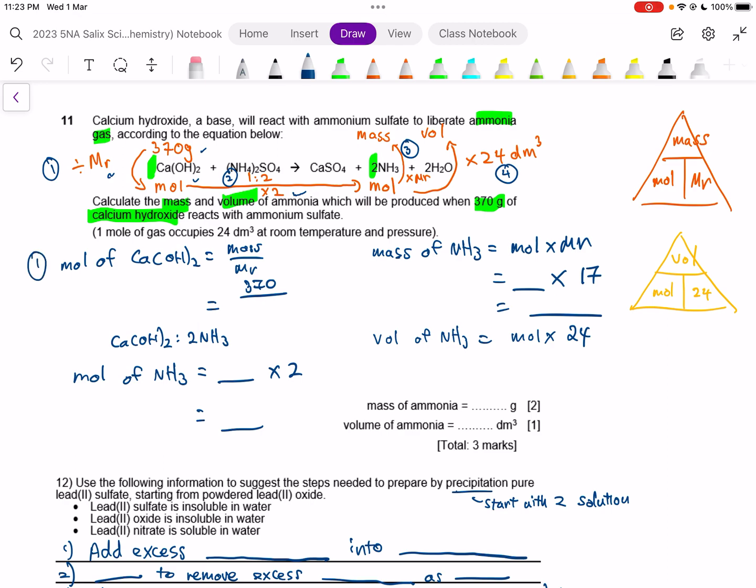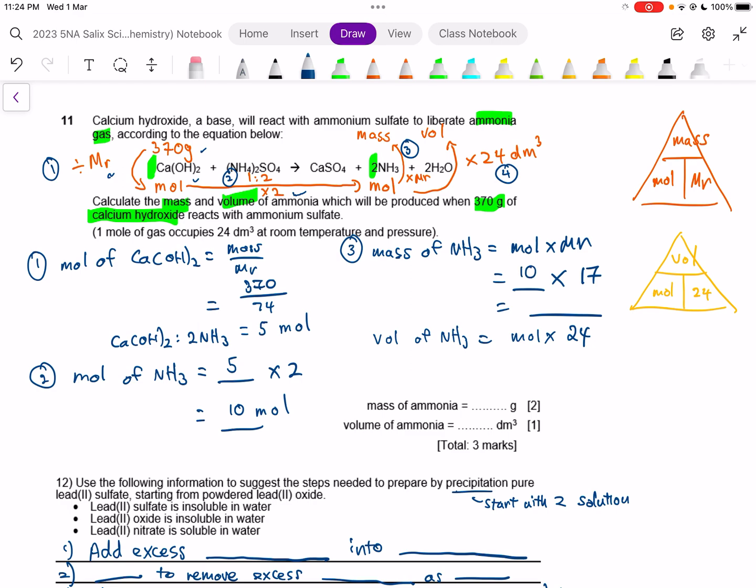Step number 1, I do mass over MR of calcium hydroxide, that is 74, so I get 5 moles. Then using a mole ratio of 1:2, 5 times 2, I get 10 moles of ammonia gas. That's my step number 2. Step number 3, I find the mass: I take the mole multiplied by the MR as discussed earlier.